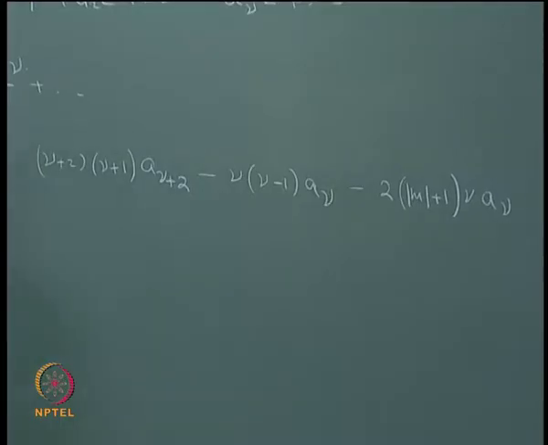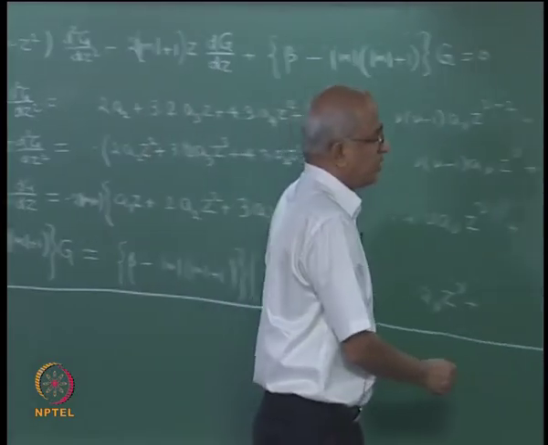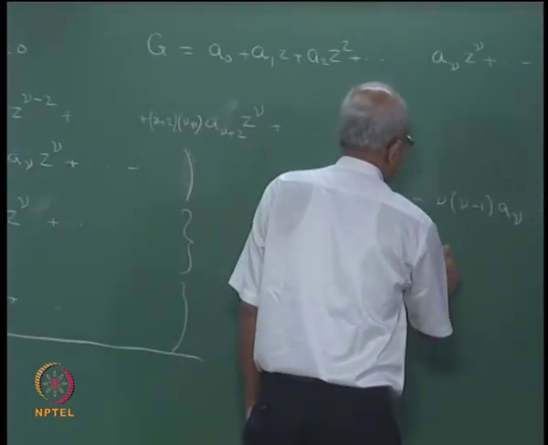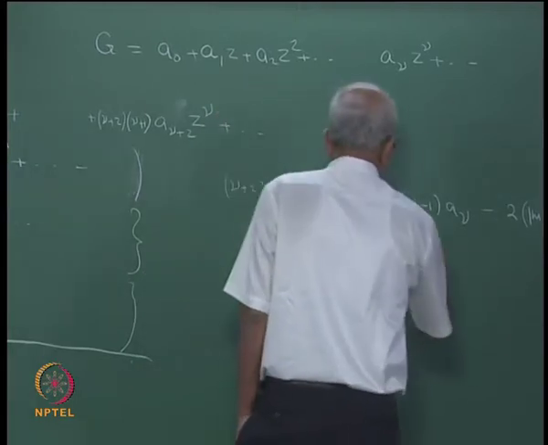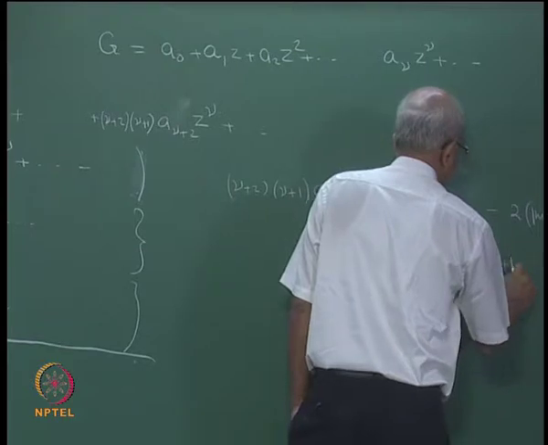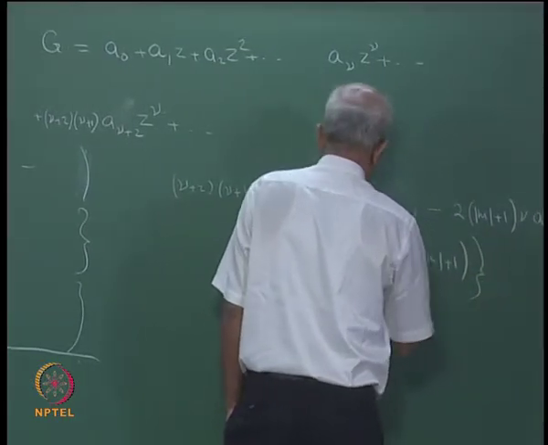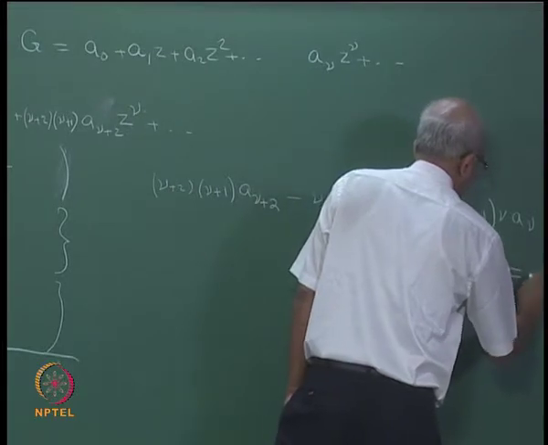Well, I would not want to go wrong anywhere. This I have taken into account. Then from here I am going to get plus beta minus magnitude of m into (magnitude of m plus 1) into A nu, and this should be equal to 0.